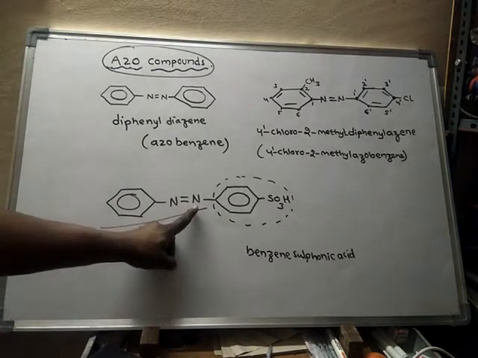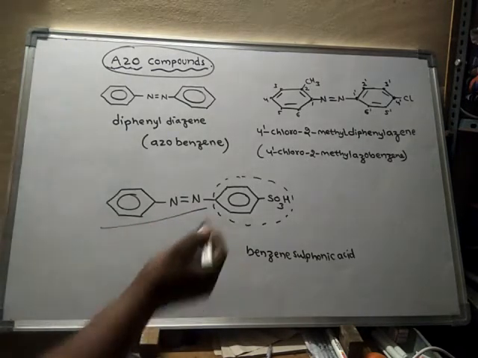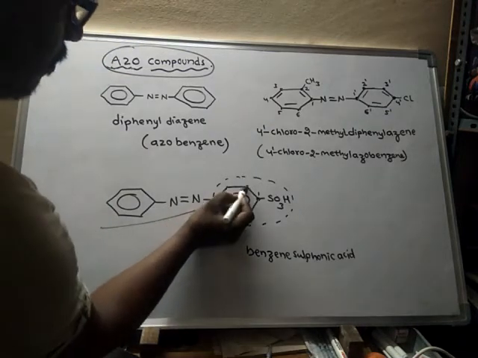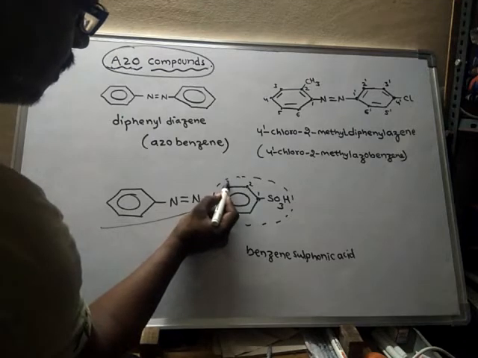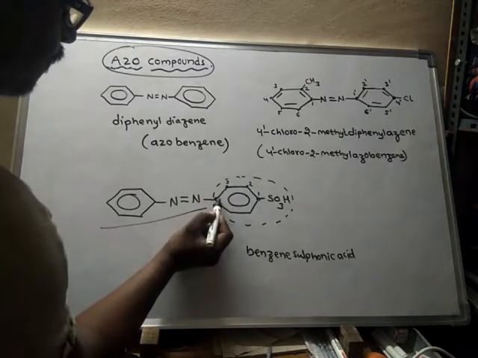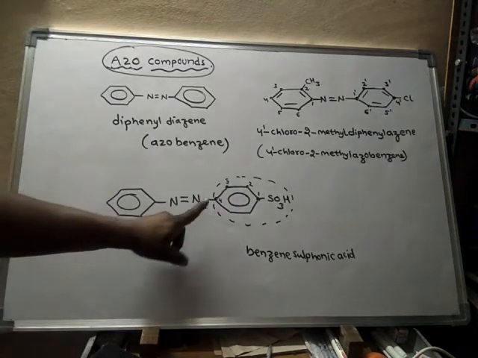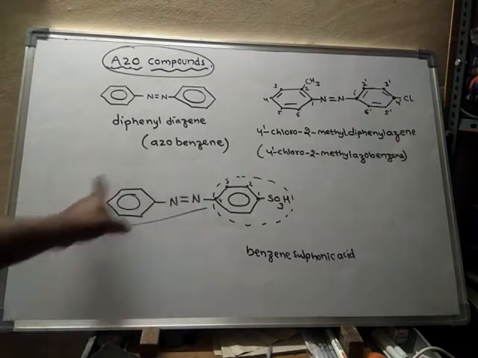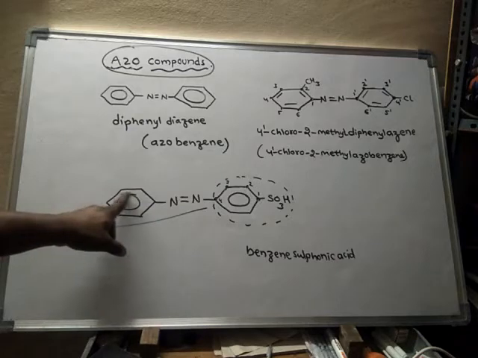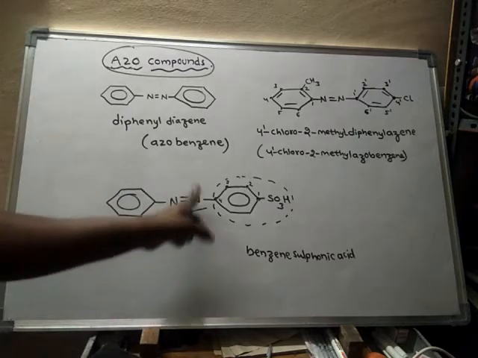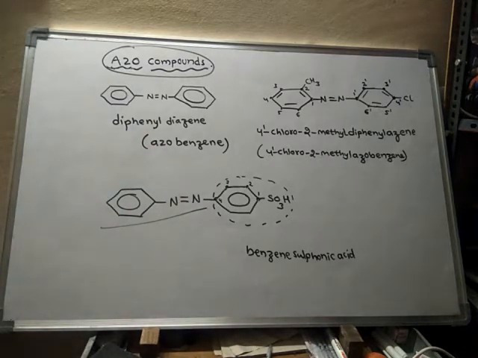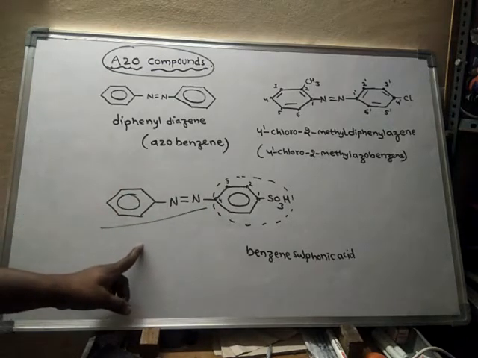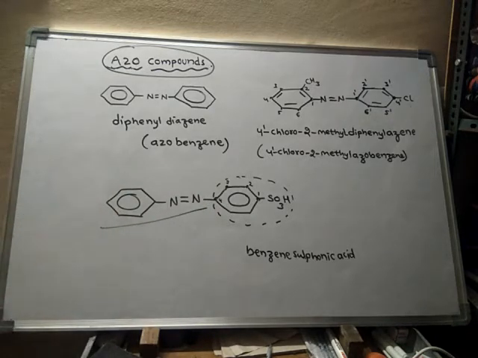Where this substituent is present, this carbon is treated as first carbon, this will become second carbon, third carbon, and fourth carbon. That means on fourth carbon there is a substituent. A double bond is present in the substituent, and here also a double bond, so this one is treated as a complex substituent. As it is a complex substituent, we have to write it in brackets.